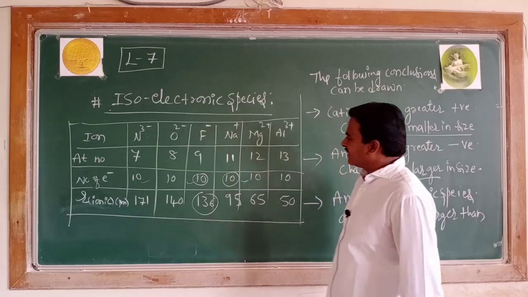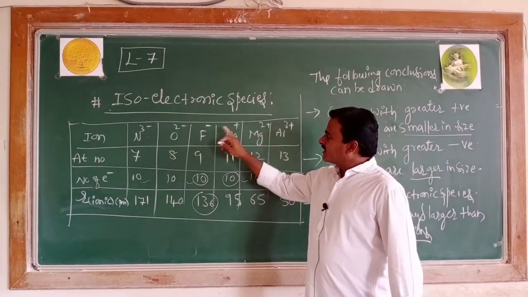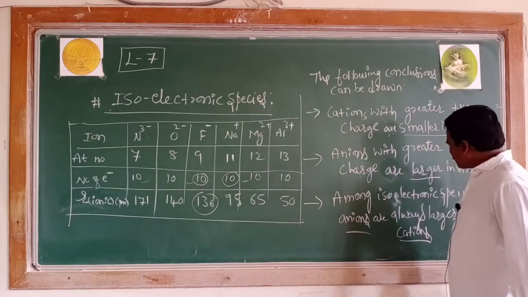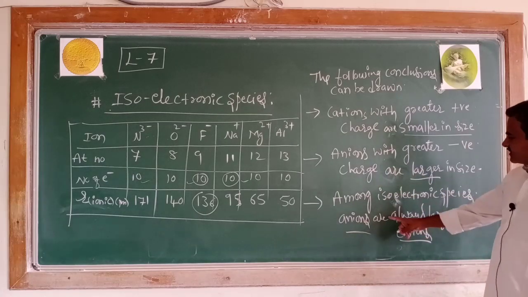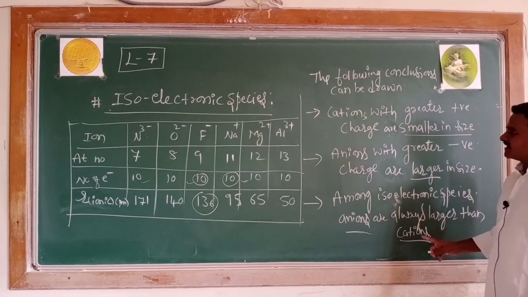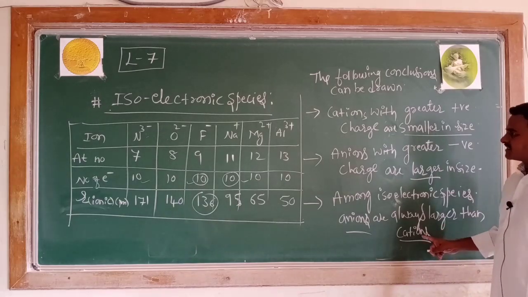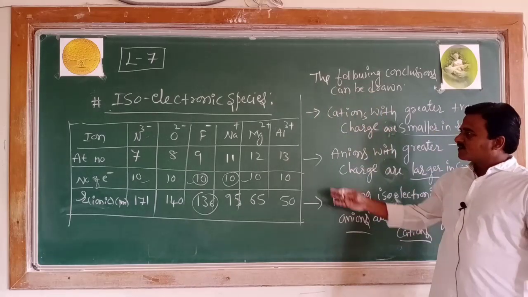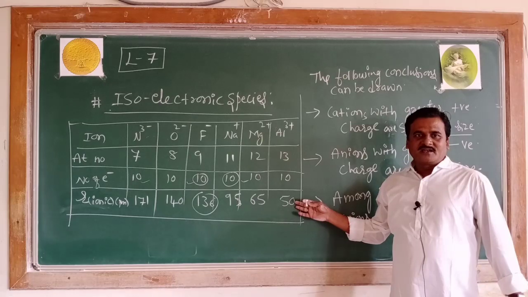So what I can write here is, though the number of electrons is the same, among the isoelectronic species, anions are going to be larger in size than the cations. Anions are larger in size than the cations. These are the three conclusions we can draw from this table.